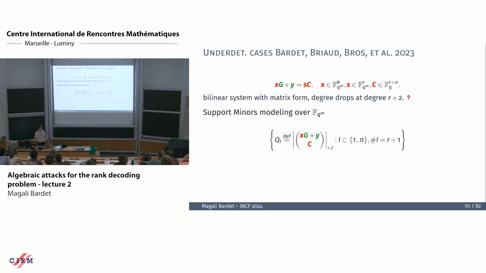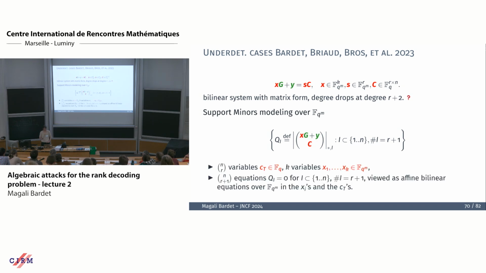So you take all the maximal minors, and you write the equations saying they are all 0, and you should get a solution of the system. It gives you this number of equations. The coefficients are over FQ to the m.